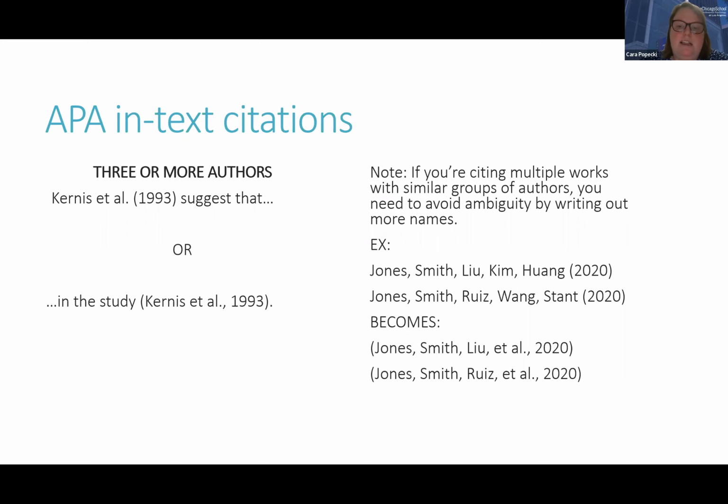So you're going to want to clarify that by saying Jones, Smith, Liu, et al. And then Jones, Smith, Ruiz, et al. So you just want to list the first few names till it's clear that they're different citations. This is a very rare example. It doesn't come up that often. I've seen it once or twice in a dissertation, but it's just something to note.